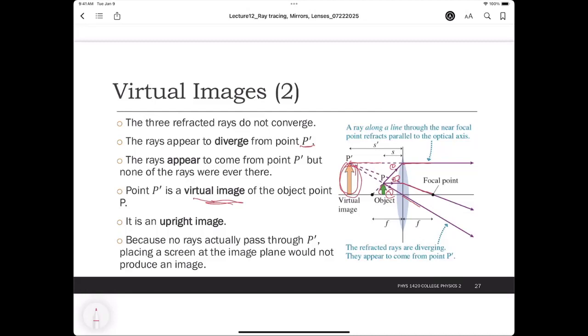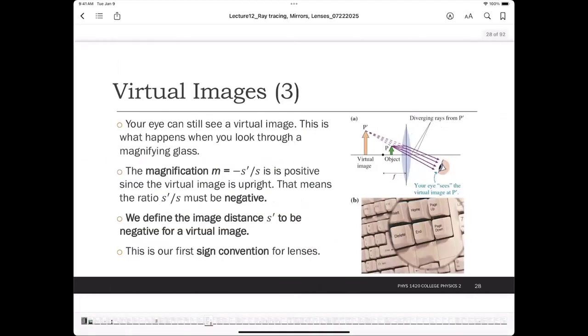No rays actually pass through P prime, so placing a screen at the image plane would not produce an image, because those rays are not from here. Does that make sense to you? These are the features of virtual images. Your eyes can see a virtual image. This is what happens when you look through a magnifying glass.